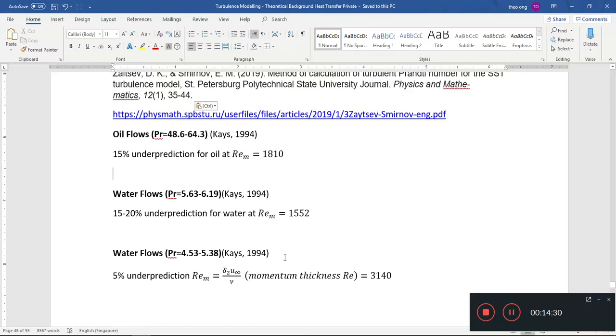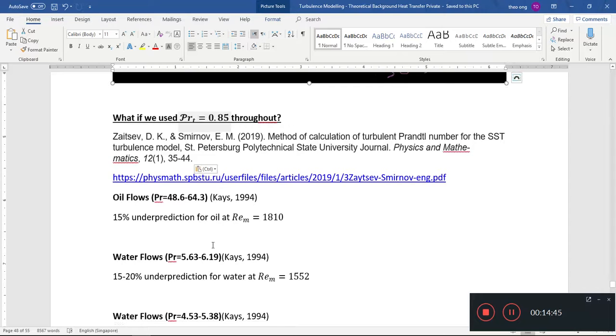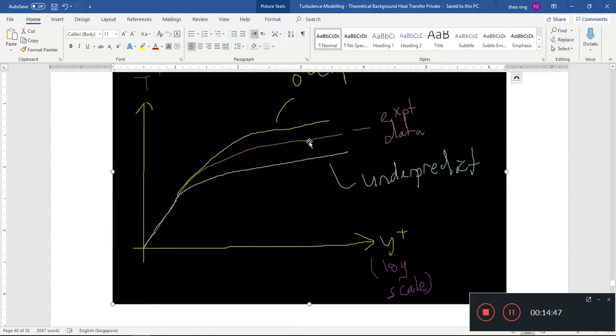Meaning, if your value is here and you compare to the value here, the drop is about 15% from this experimental data, measured against T plus again. So if T plus was 20 and you have a 15% drop, 20 times 0.15 is 3, giving you about 17. So that's where we get this drop.